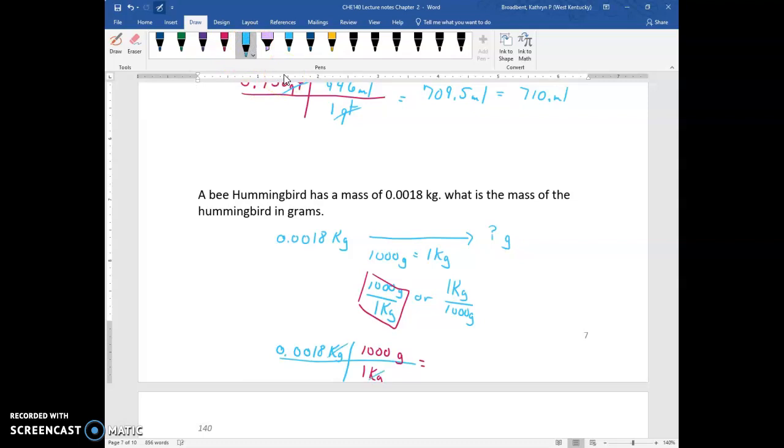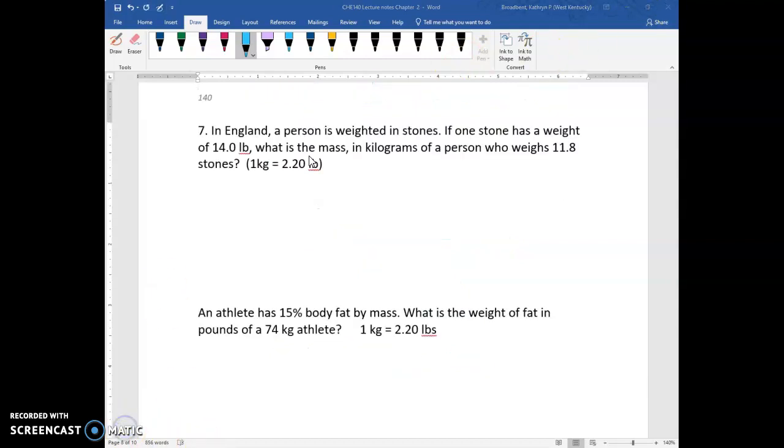That's what we wanted. And we'll be multiplying by 1,000, and we'll get 1.8 grams. One of the nice things about this method is that you can stack them on top of each other.